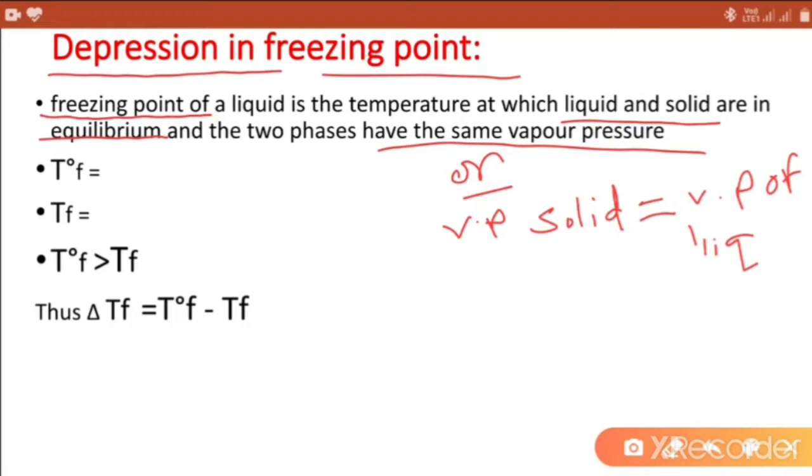And the general experimental observation or the direct consequence is, when a non-volatile solute is added into a pure solvent, its freezing point is lowered.